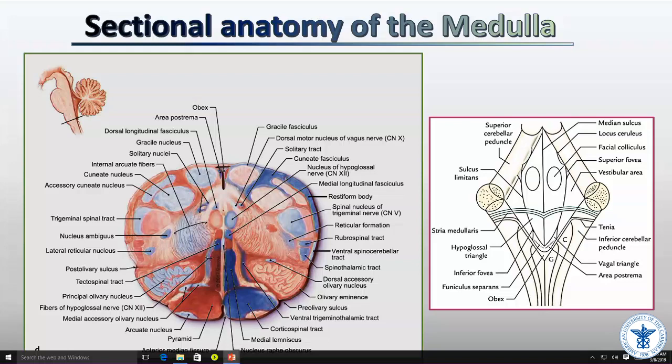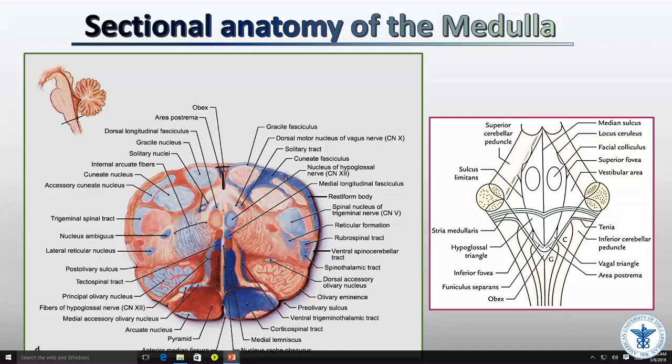Because it's about in that same region. You have those nuclei here, and you have the vomiting center here. So it's very close. So you have the gastrointestinal sensory nuclei there, and right next to that is the vomiting center, which makes sense, right? Because they are anatomically in close proximity.